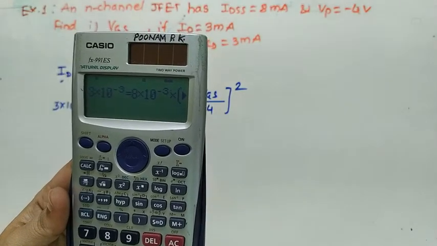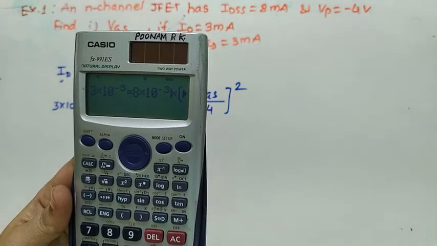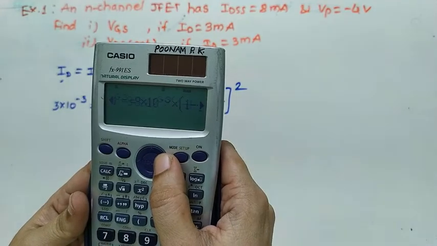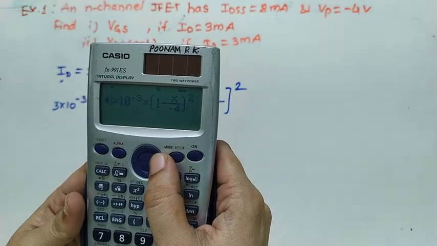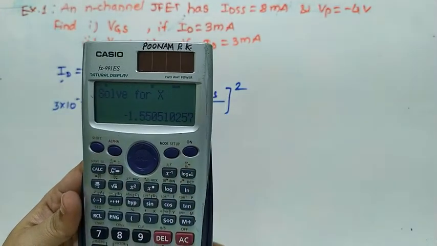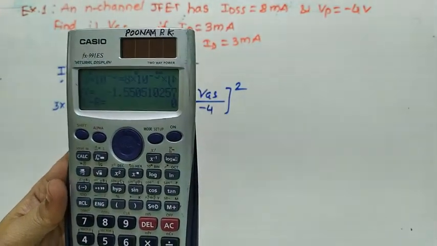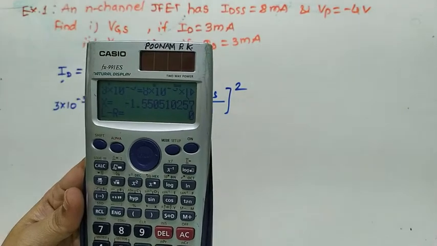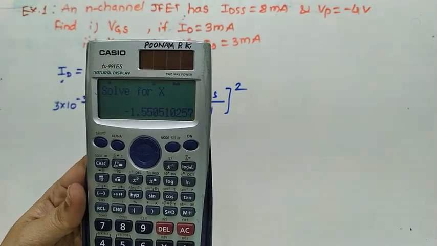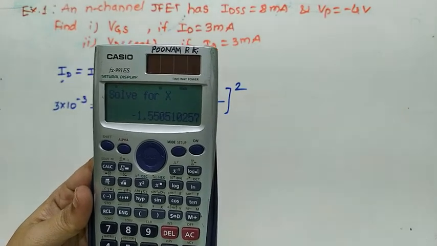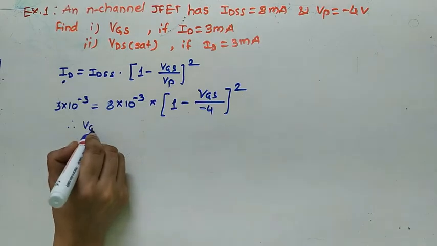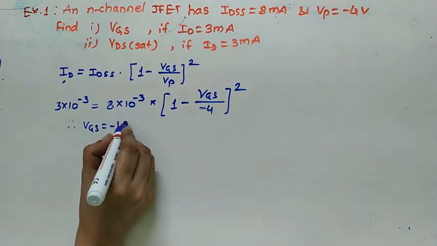On the calculator we can put the equation by keeping VGS as X, then shift solve and then equals, and we get the answer for X, which is nothing but our VGS, equal to minus 1.5 volts. Therefore VGS is equal to minus 1.5 volt.